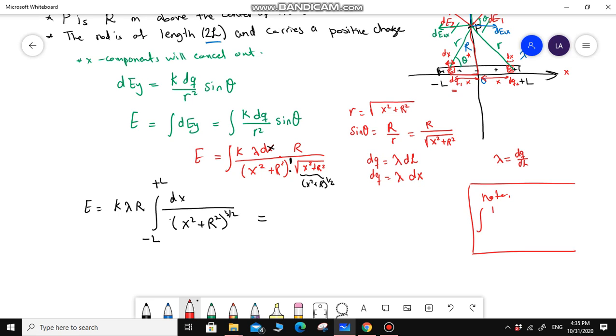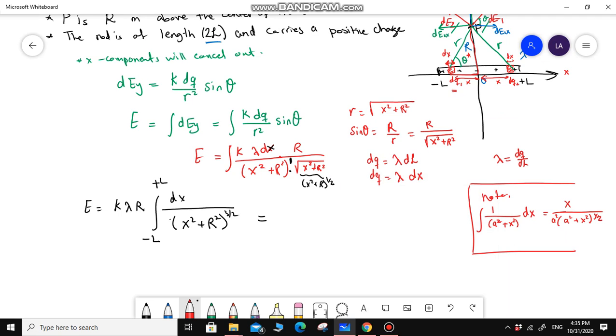Usually, as a rule, if you are integrating 1 over (a squared plus x squared) to the power of 3 over 2 dx, where a is any constant, this will give me x divided by a squared times (a squared plus x squared) to the power of half. I will not ask you to memorize this. I will be giving it to you if we need it.